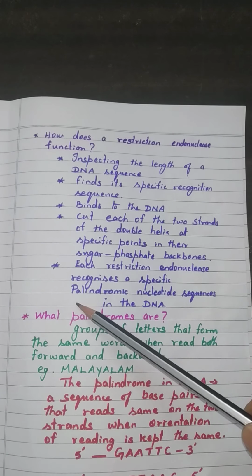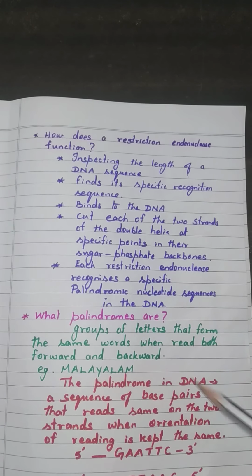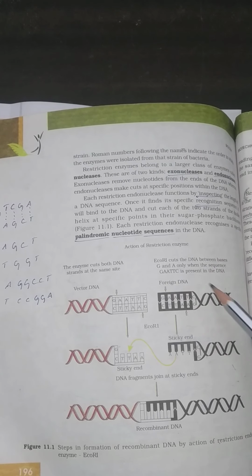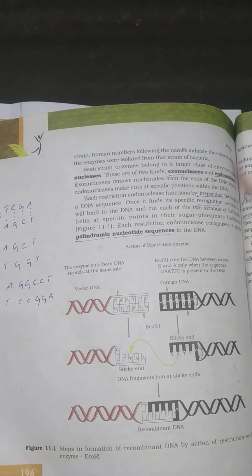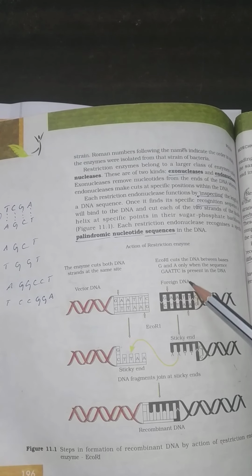Each restriction endonuclease recognizes a specific palindromic nucleotide sequence in the DNA. You see here, look at this diagram. Here it is a vector DNA, and this is foreign DNA, alien DNA or desirable DNA. Now it is a long chain. Now we mix this long chain of DNA with restriction endonuclease.